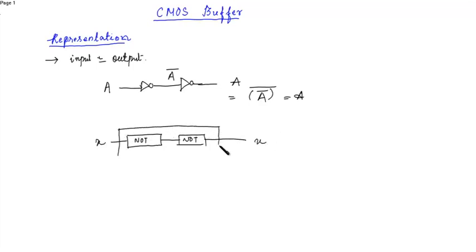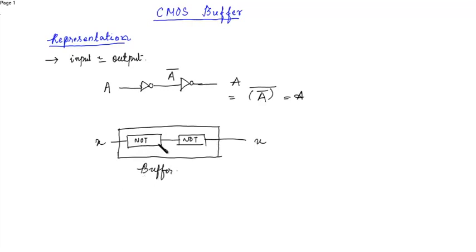So this whole arrangement helps in making a buffer. So now let's see the number of NMOS and PMOS needed.